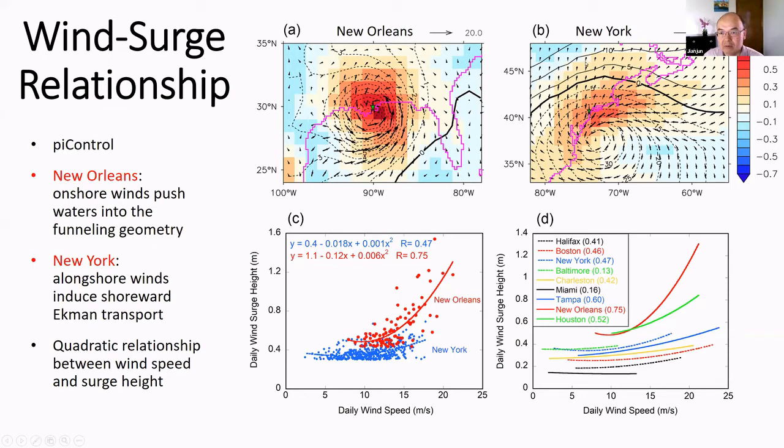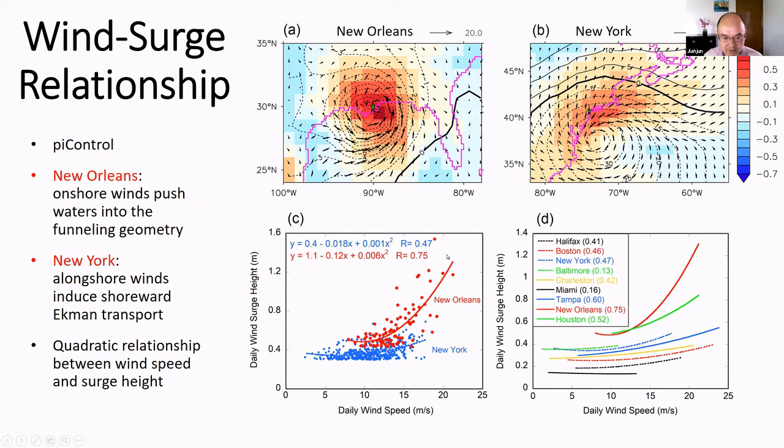This panel B shows the typical wind pattern for the large surge event at New York City. The blue dots here show the wind surge relationship at New York. At New York, large surges can occur, but the surge is not as efficient as at New Orleans.